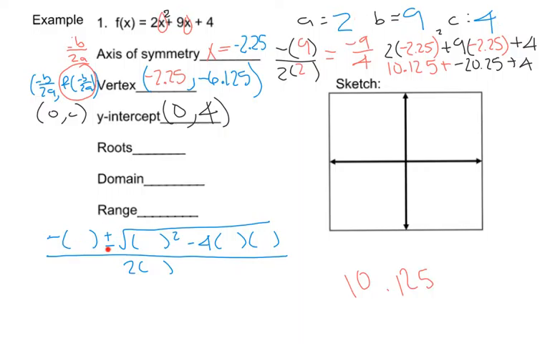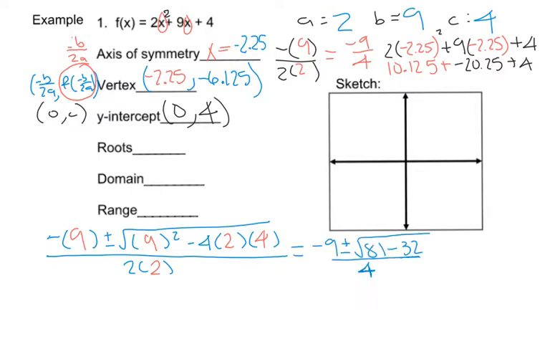So it's negative b plus or minus square root of b squared minus 4 times a times c, all divided by 2 times a. So all we need to do is plug in these values. And now we can break it down.